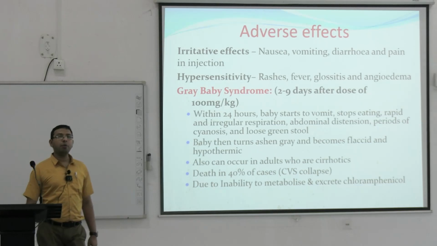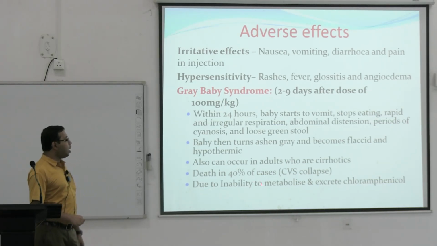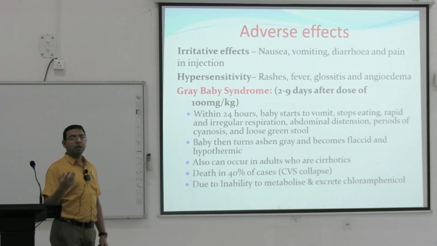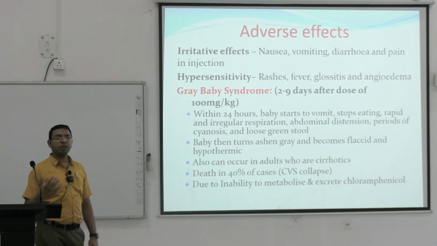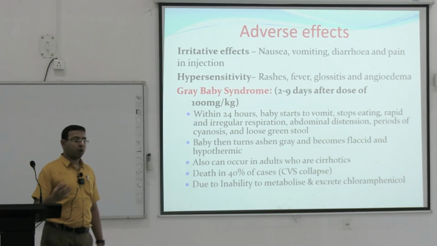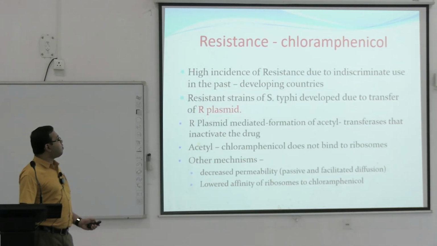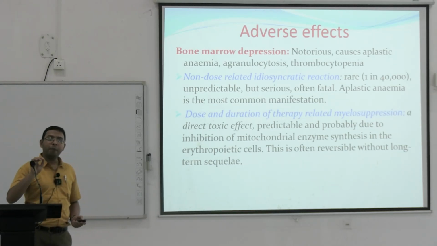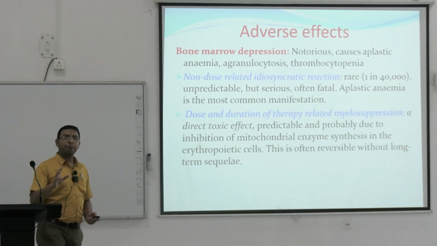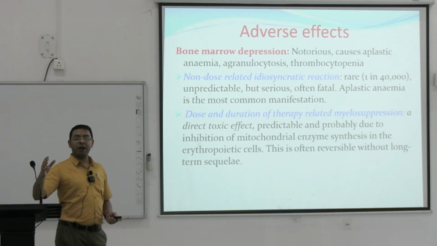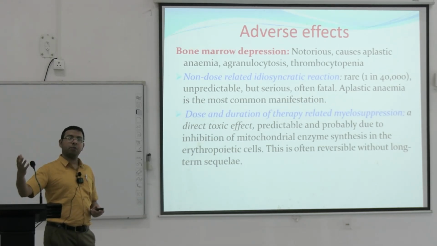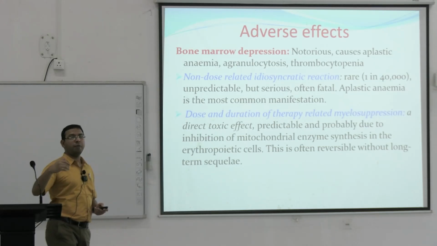This happens due to cardiovascular collapse, due to inability to metabolize and excrete chloramphenicol, because the liver is compromised here and is needed for the metabolism of chloramphenicol. So if you are asked about chloramphenicol adverse effects, you have to write the most important: bone marrow depression, non-predictable and predictable. The predictable one is reversible.